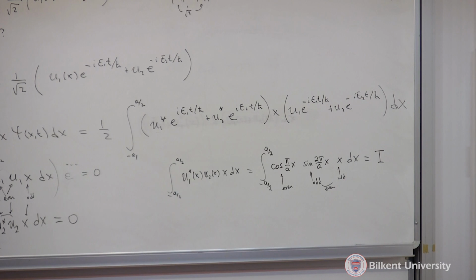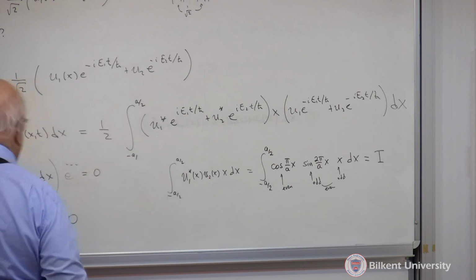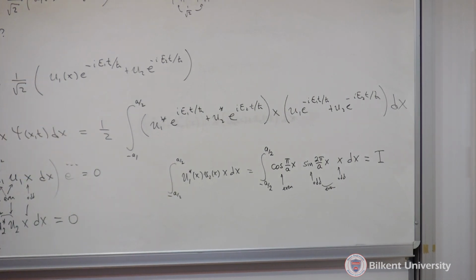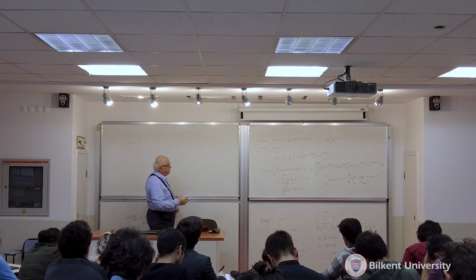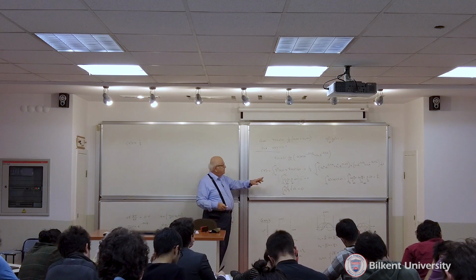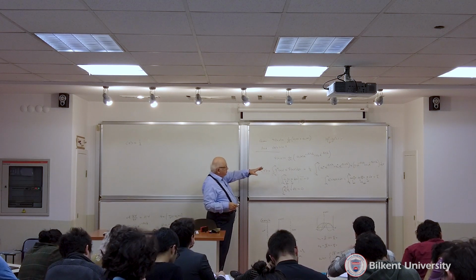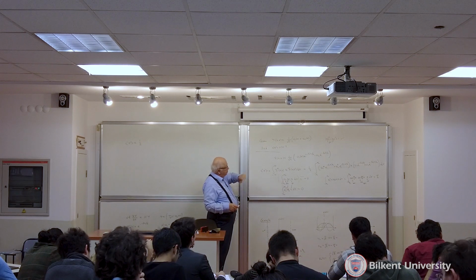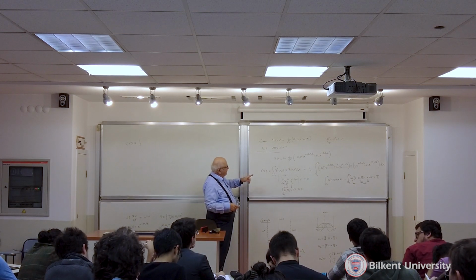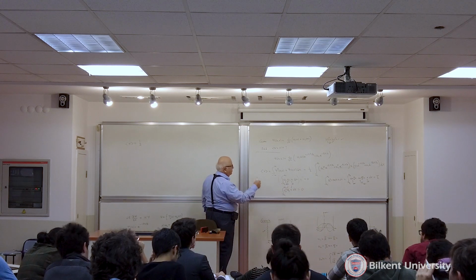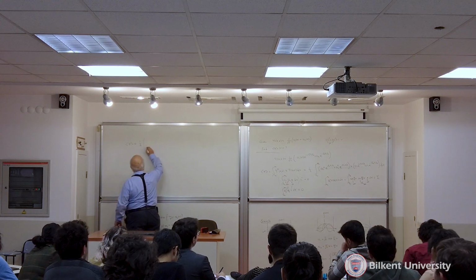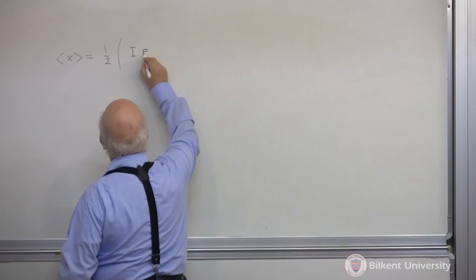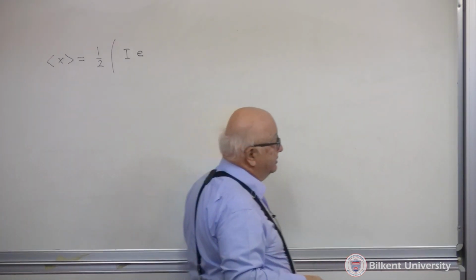The average value of x is equal to 1 over 2, and there are two terms that survive this product. u1 times u1 gives you 0, u2 times u2 gives you 0, but then you have u1 star u1 times x, which we called I. We shouldn't forget the time dependence, which is why we are doing this actually.